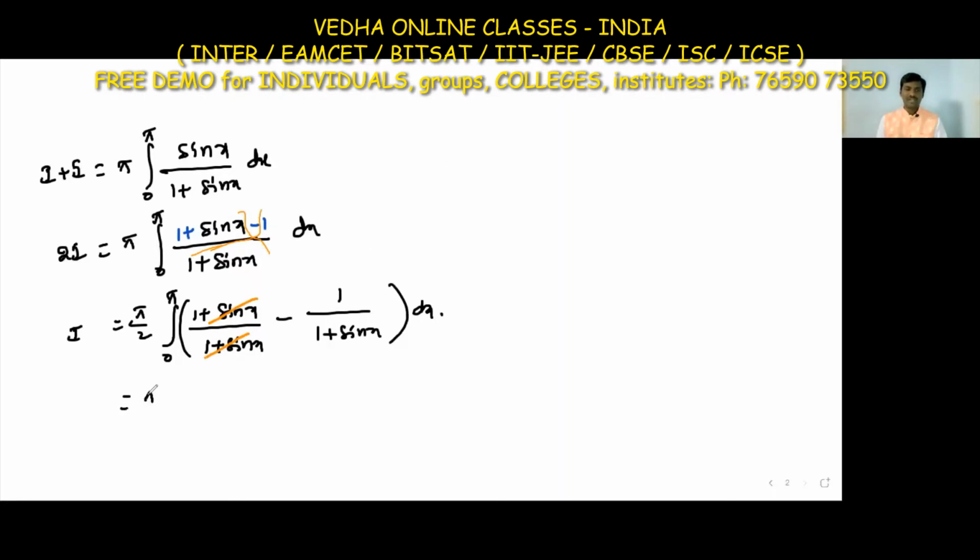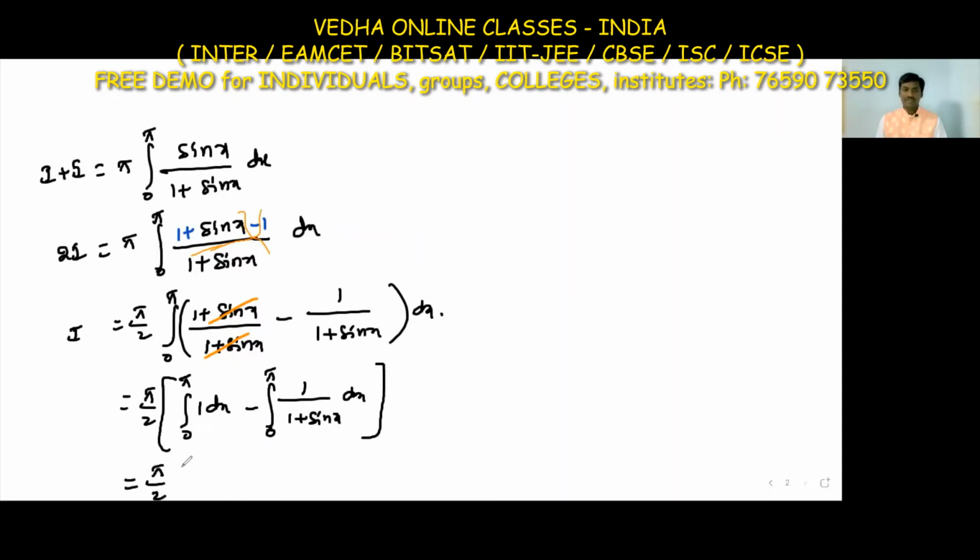So we separate the integration, with pi by 2 written outside: the integral from 0 to pi of 1 dx, minus the integral from 0 to pi of 1 divided by (1 plus sin x) dx.